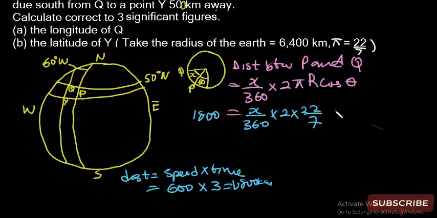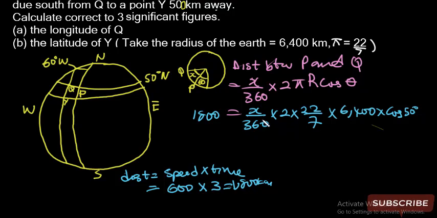Good. So now we're looking at 1,800 equals X over 360 times 2 times the pi given, which is 22 over 7, then times the given radius of the earth, 6,400, then times cos theta. The cos theta is the parallel of the latitude, which is 50 degrees. Okay, good.